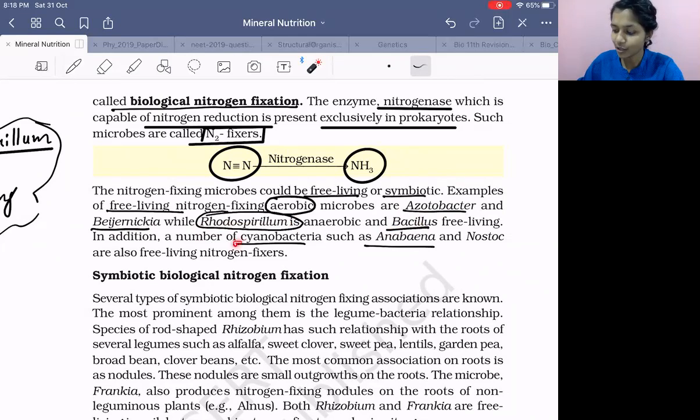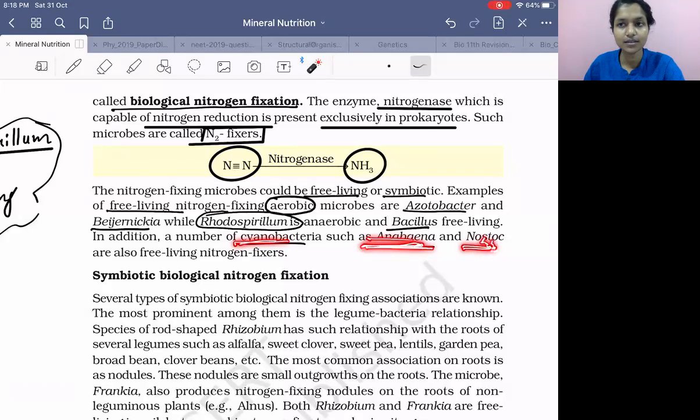But when you see cyanobacteria, for example Anabaena and Nostoc, blue-green algae, what is the nature?